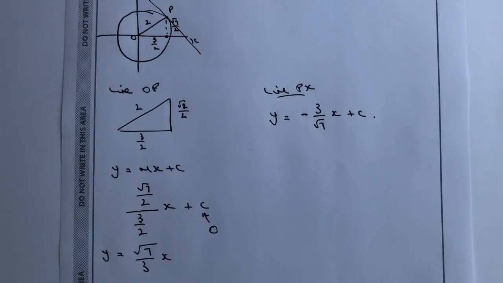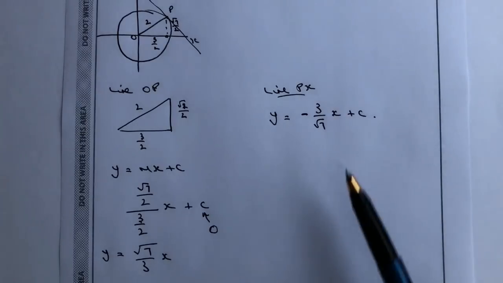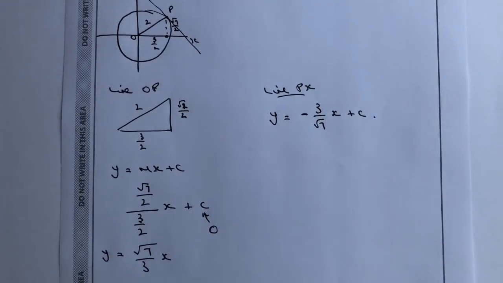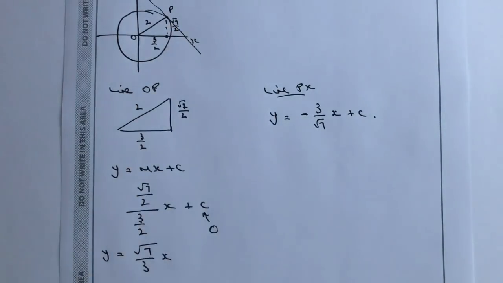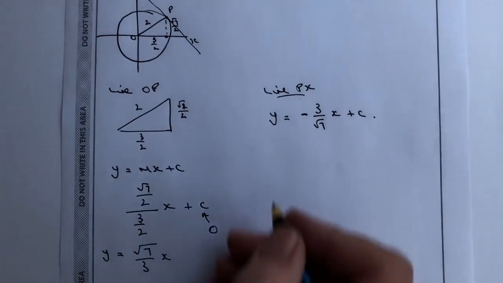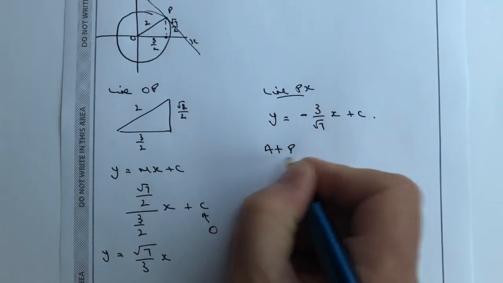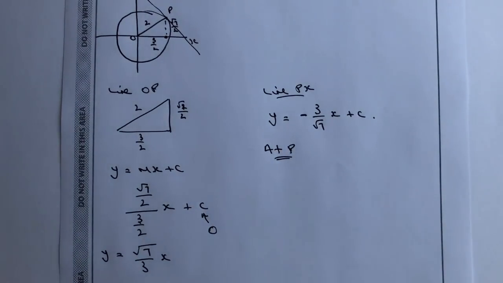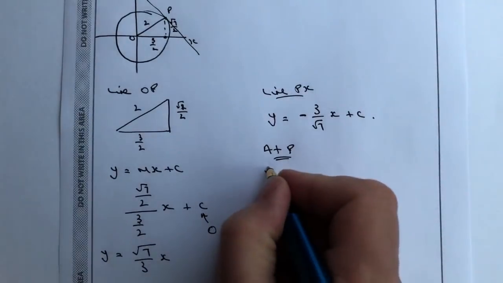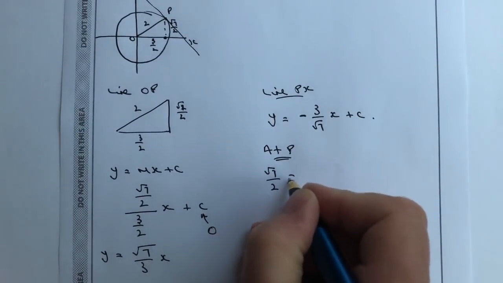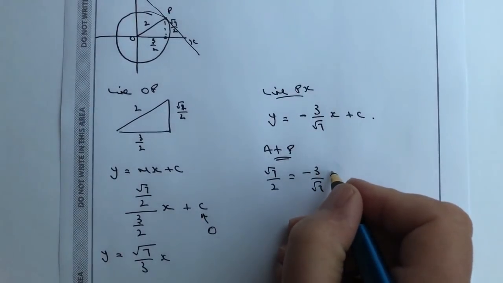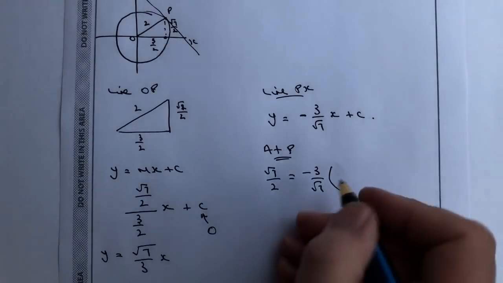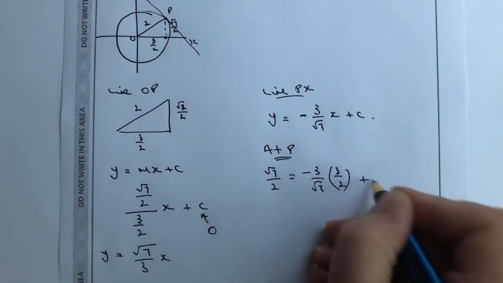Now it's the point where I need to find out this value of c. The way I can do that is I know this point P, so I can say that at P, the value of y is root 7 over 2, and that's equal to minus 3 over root 7 multiplied by the value of x, which is 3 over 2, plus c.